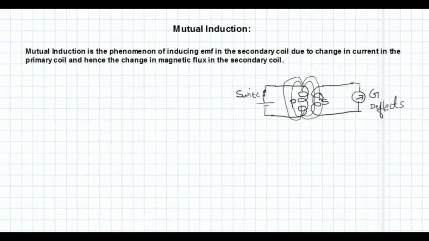That means this coil is linked to a changing magnetic flux. And we know from the previous discussions, whenever a coil is linked with a changing magnetic flux, there will be a current induced. As a result, there is a current induced in the secondary coil, and you can see there is a deflection in the galvanometer, right?